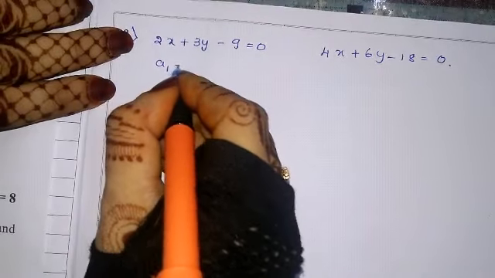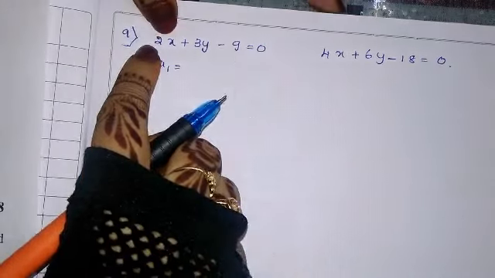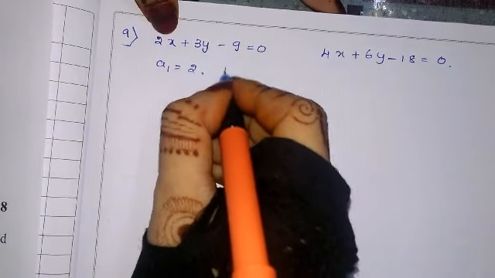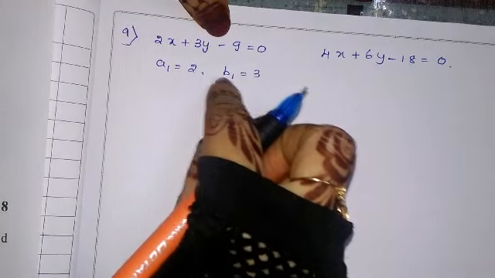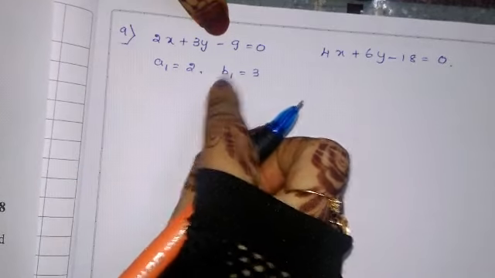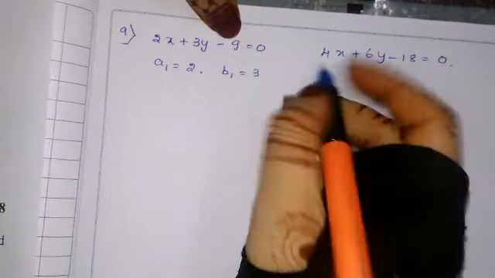We know that in the first equation, the coefficient of x is A1, 2. B1 is 3. This is the first equation. So A1, B1, C1, and C1 value is minus 9 for this equation. Now for the second equation, A2 is 4, B2 is 6, C2 is minus 18.